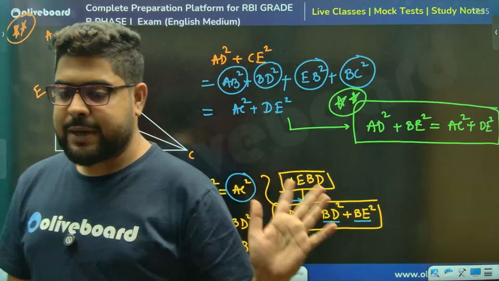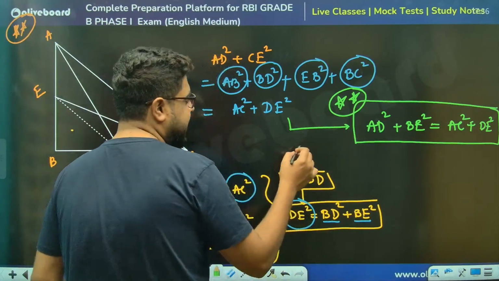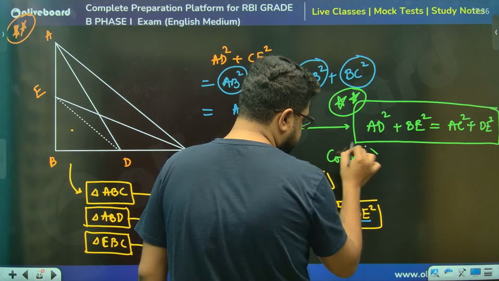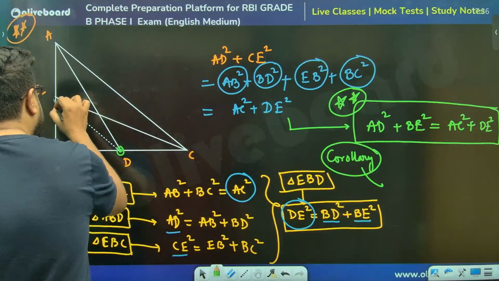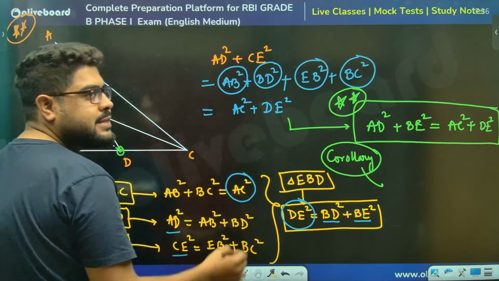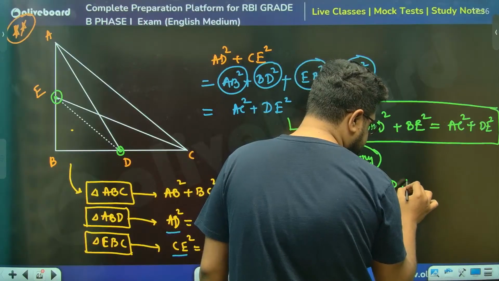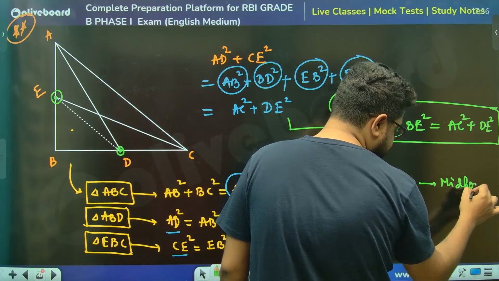Because again, this property is not over yet. Now I'm saying a corollary. Let's say now these points are midpoints. Now D and E have become midpoints.